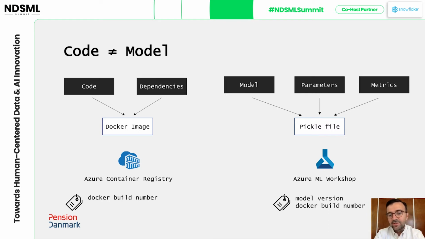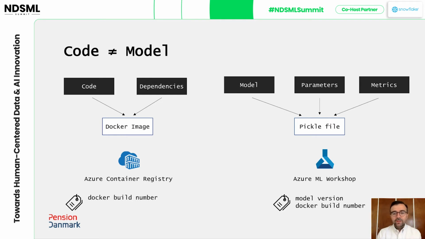The code base is still the same, so why do you need an entirely new Docker image? Now, if you separate the two, on the other hand, the same code base, so the same Docker image, can be used to train multiple models every Sunday, for instance. And Docker images now only need to be built when code changes, and models only need to be trained when there's new code or new data.